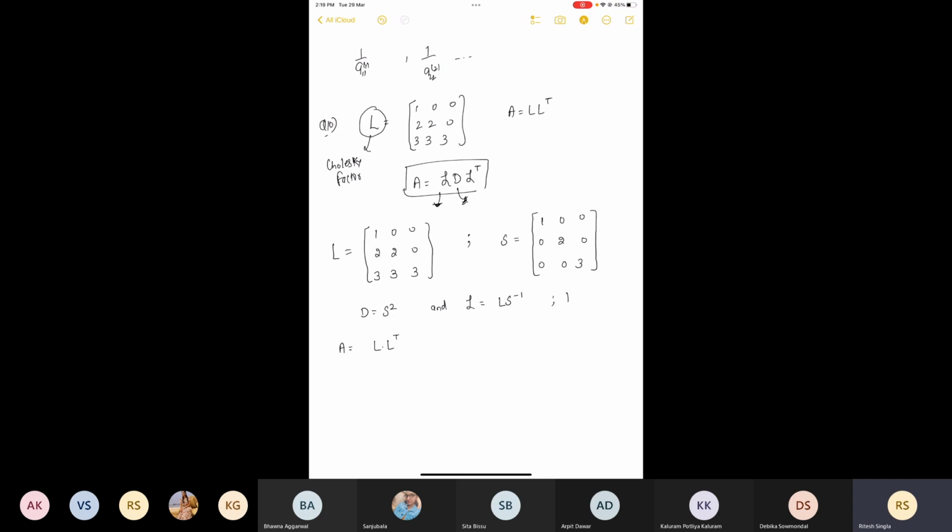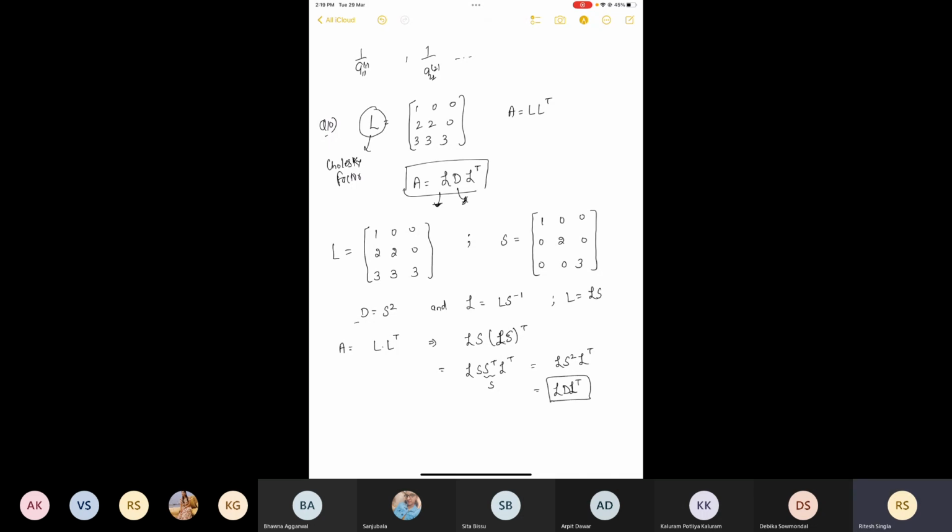So from here cap L is equal to new L into S. So this implies A is L S times L S transpose, which is equal to L S S transpose L transpose. S transpose is nothing but S. So it is L S square L transpose, which is nothing but L D L transpose, right?